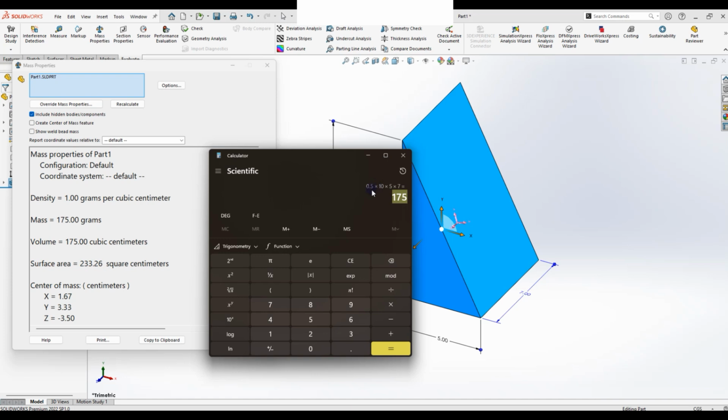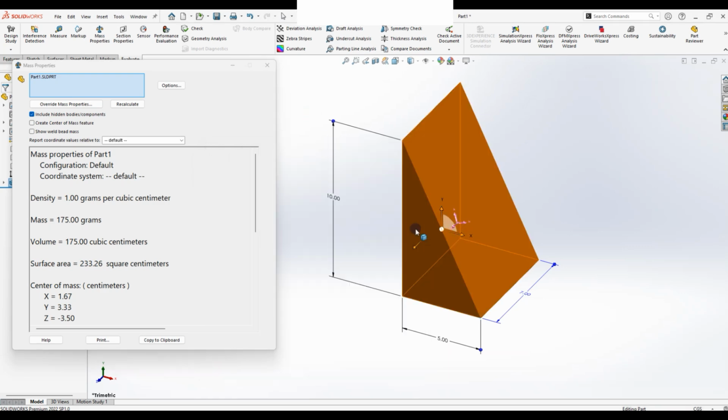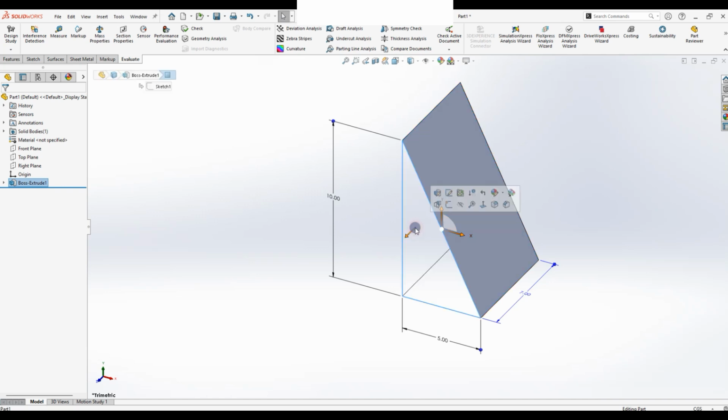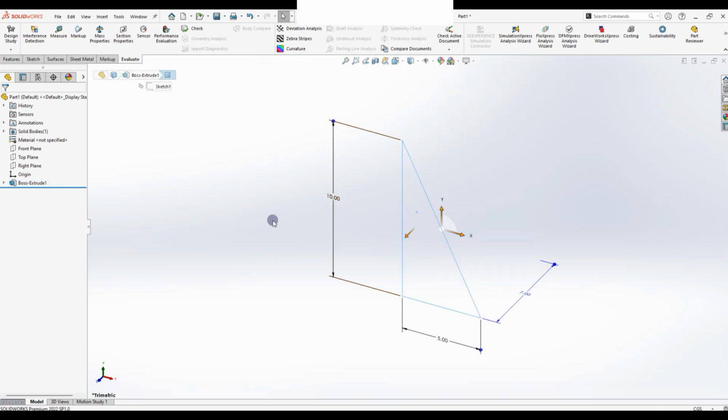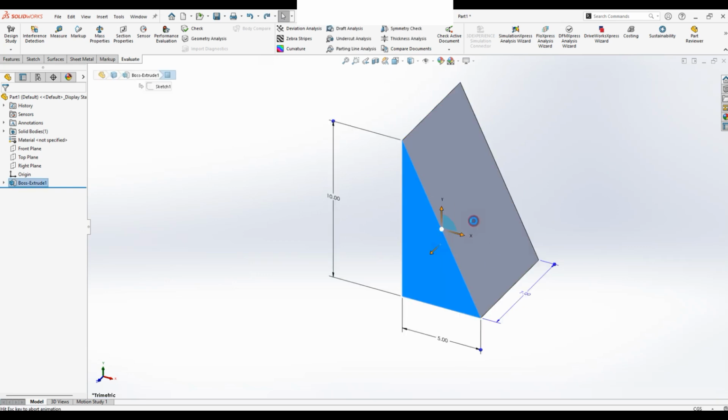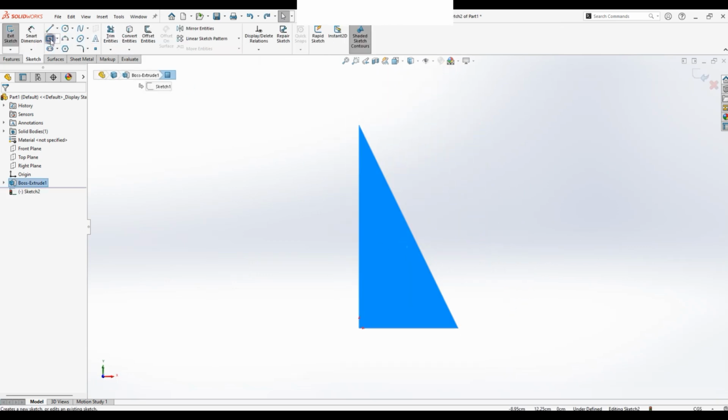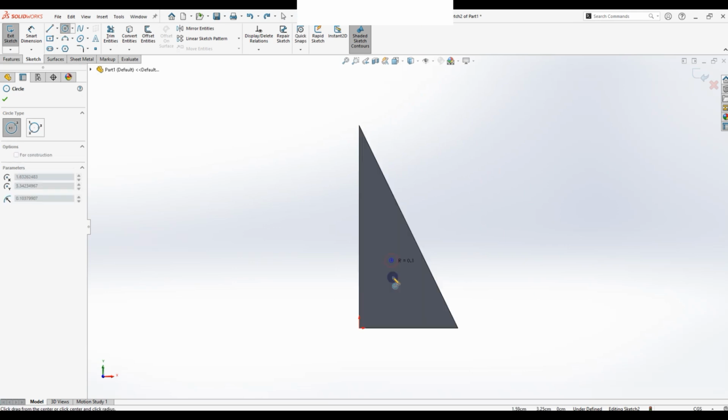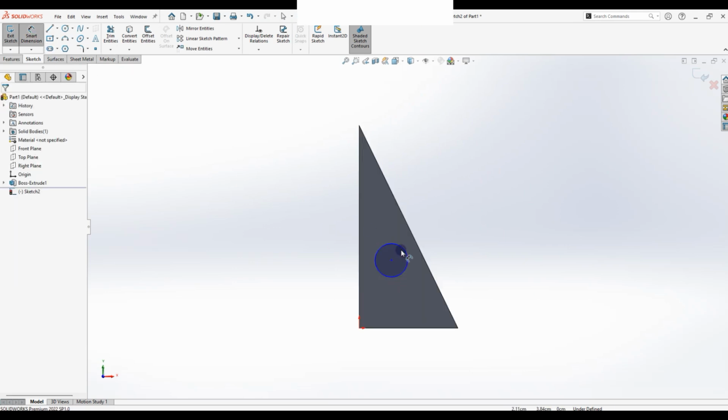In case we have a cut, a circular cut. Okay, let's see. Sketch, taking a circle, giving radius 2.